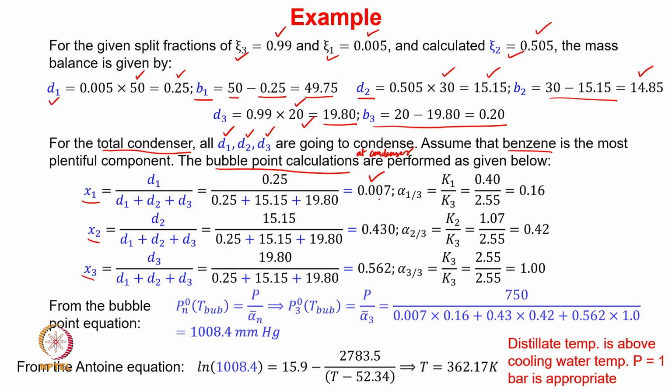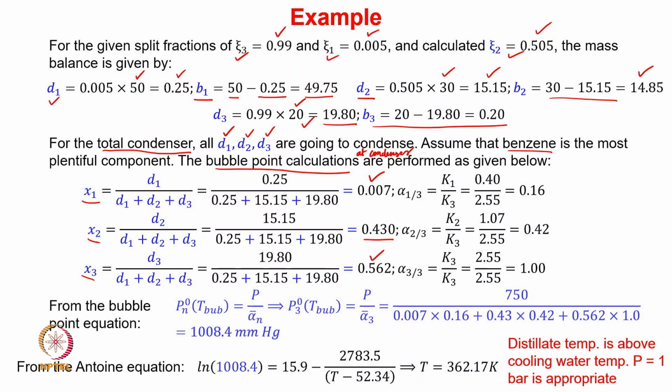So that comes around 0.007. Similarly, X2 is the mole fraction of component 2 in the condensed distillate, which will be D2 divided by D1 plus D2 plus D3. So that comes around 0.430. And similarly, we can calculate for X3. Remember, X3 is nothing but what? X3 is benzene. So benzene has the highest mole fraction, which comes around 0.562.